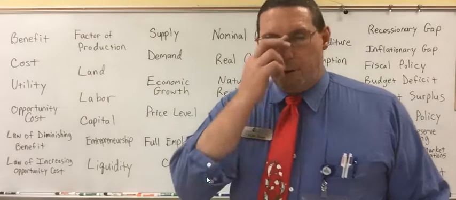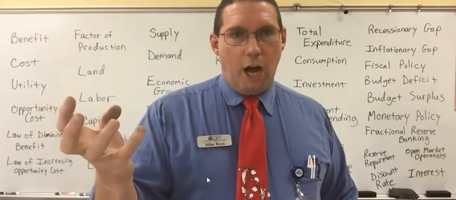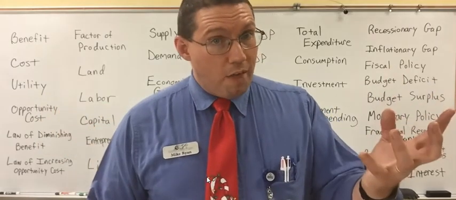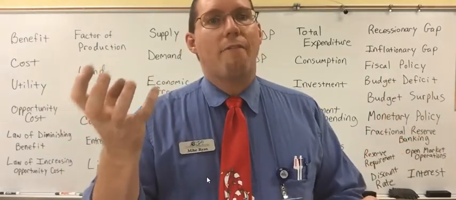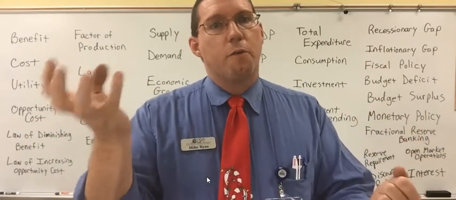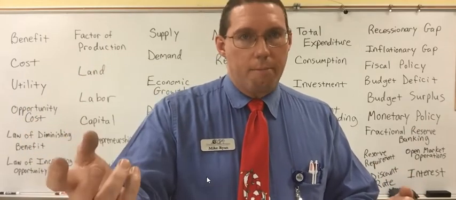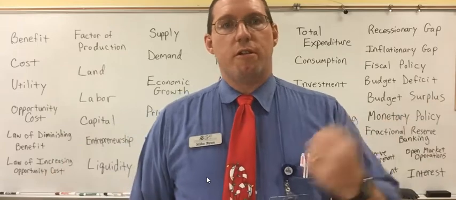So structural unemployment is a situation where there are people who don't have jobs and there's jobs available for them, but they don't have all the right skills for these jobs, and therefore they have to go get the skills. While they're getting the skills, they're not employed, but the jobs are still available for them.